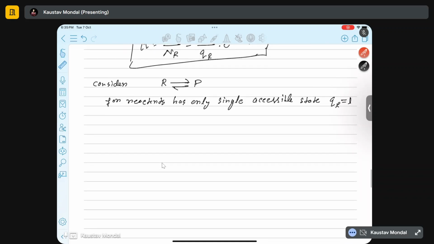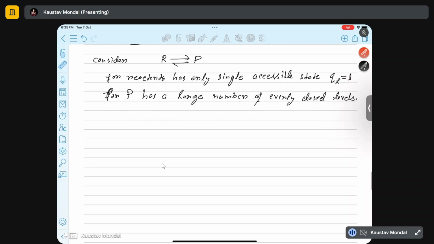Similarly, the product has a large number of evenly spaced levels, meaning energy levels. So the reactant has a single level, and the product has evenly spaced energy levels that look like this.